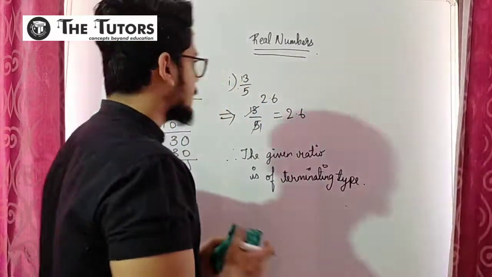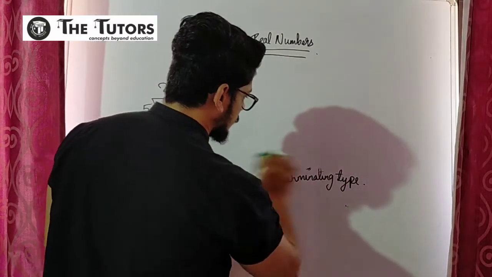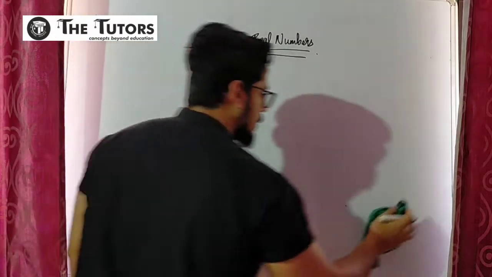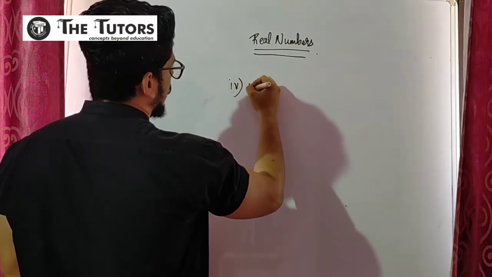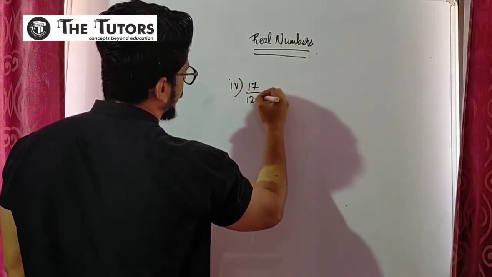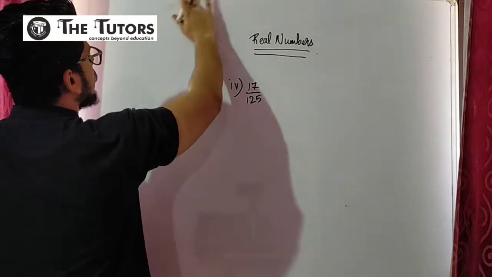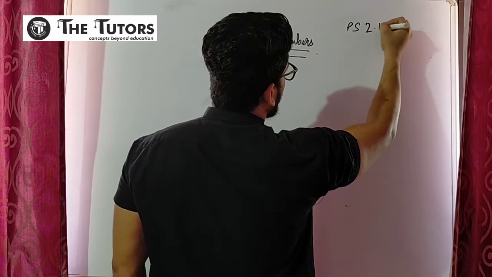Suppose the fourth one. Here you have with the fourth one 17 upon 125. Let's keep a track of what sums we have solved. Practice set 2.1.